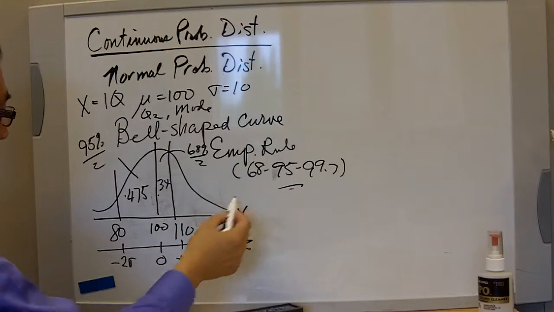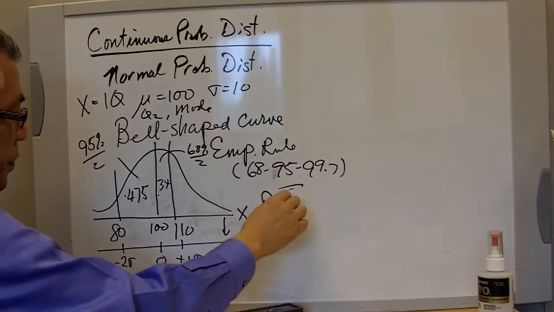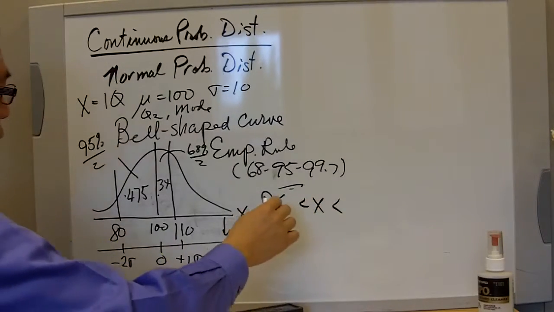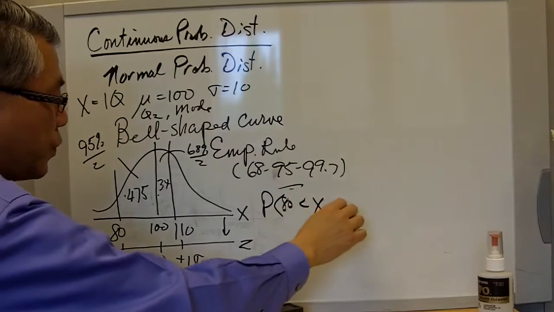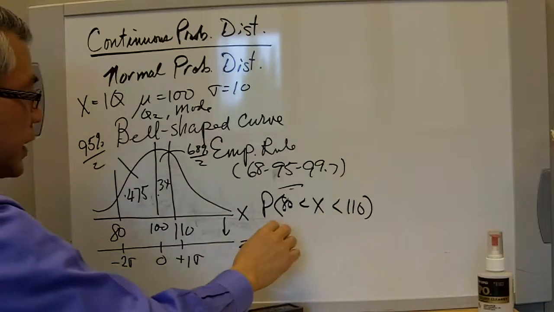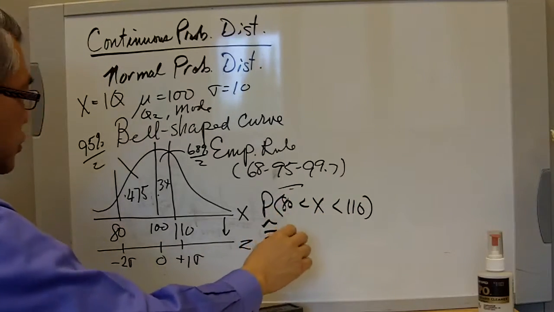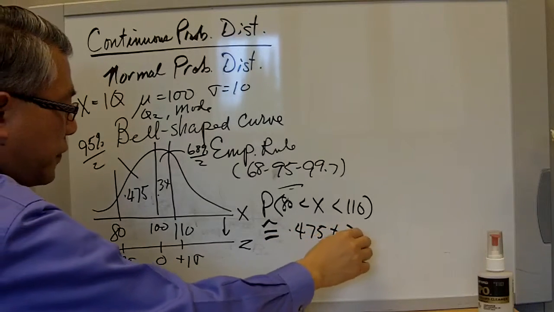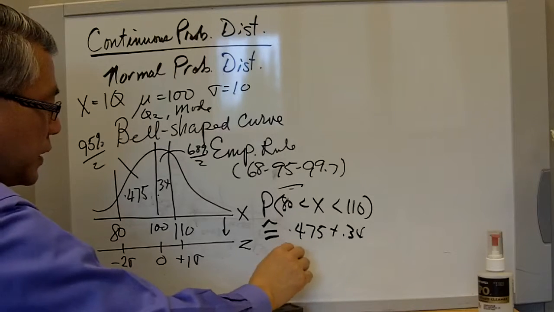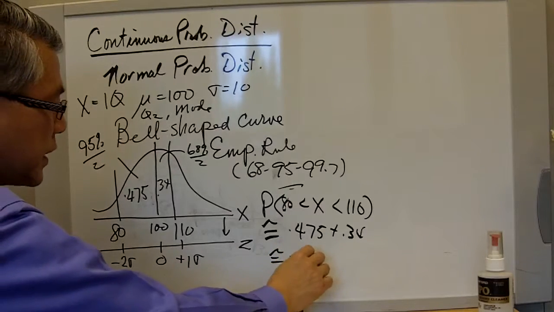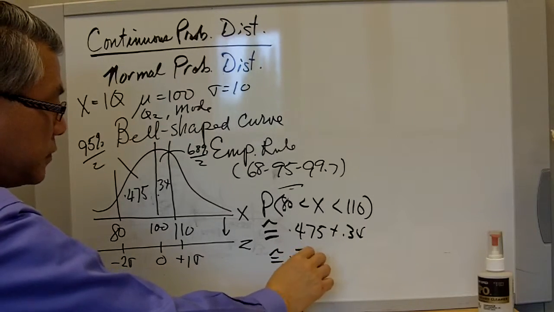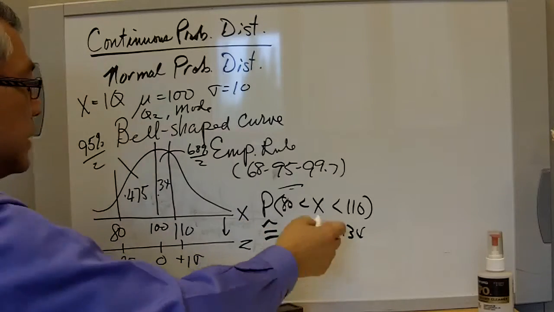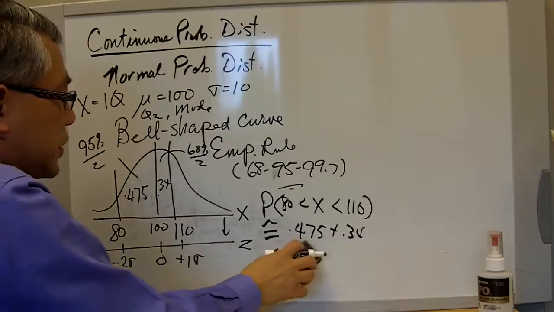So the answer to the question, the probability that an IQ score is between 80 and 110, we can approximate to be 0.475 plus 0.34. We have to add these together.